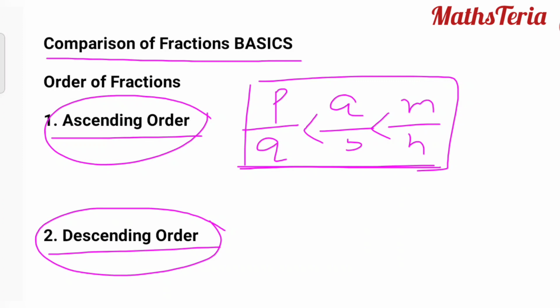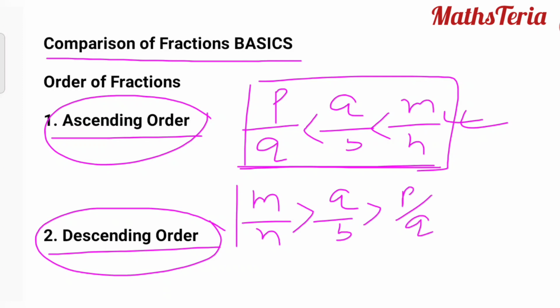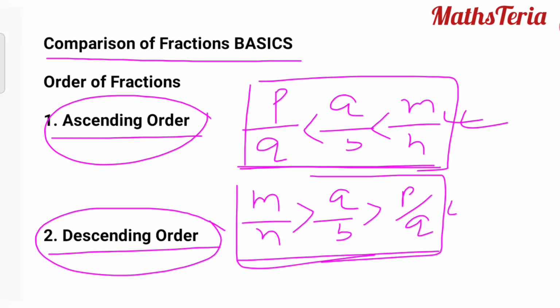Hence, this is known as ascending order. Similarly, we can write m by n is greater than a by b is greater than p by q. In this order, fractions are arranged in decreasing order. Hence, this order is known as descending order.